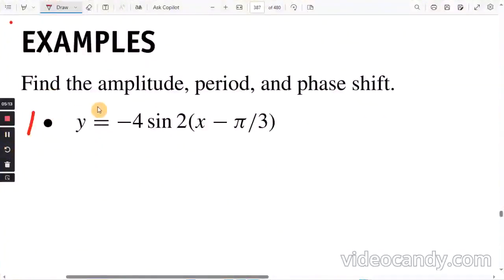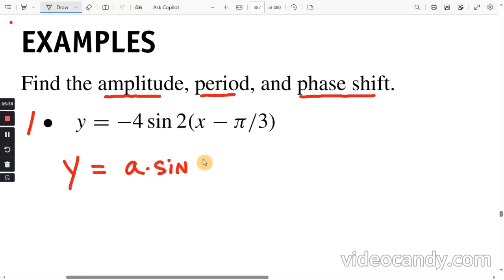All right, example 1, we want to find the amplitude, period, and phase shift. The first thing I am going to do is write my sine equation underneath. This equation is in the form of y equals A times sine of, I like to use the brackets, even though they didn't use the brackets, this whole thing right here is the angle.